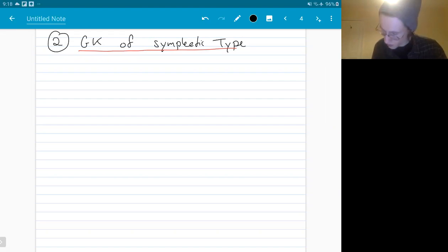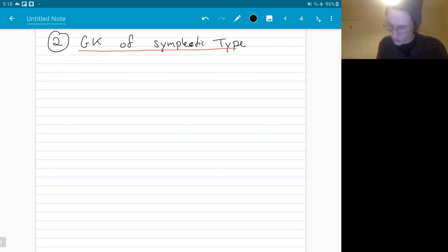I think one of Marco's students is working on the general case, so it would be interesting to hear about that in the future. But I'll discuss what happens in this case.